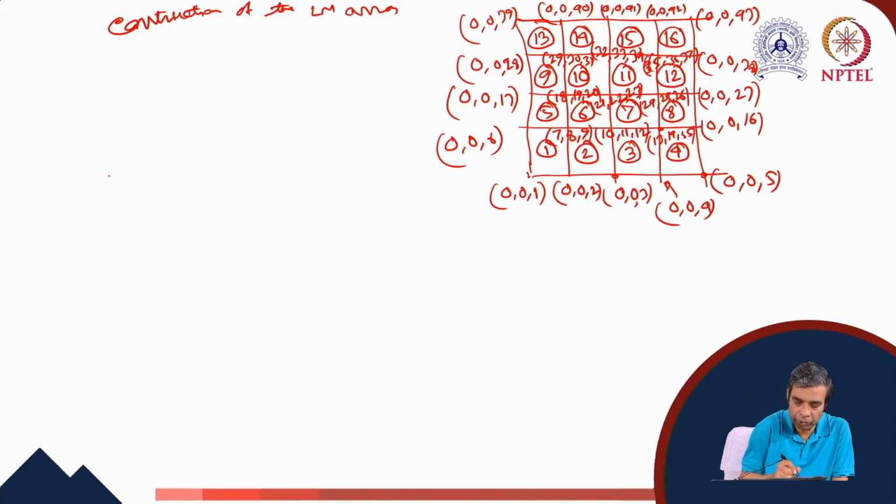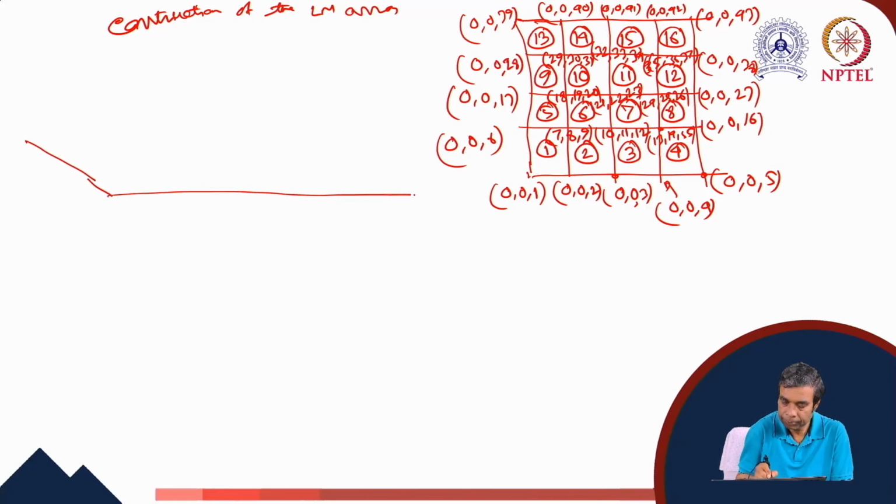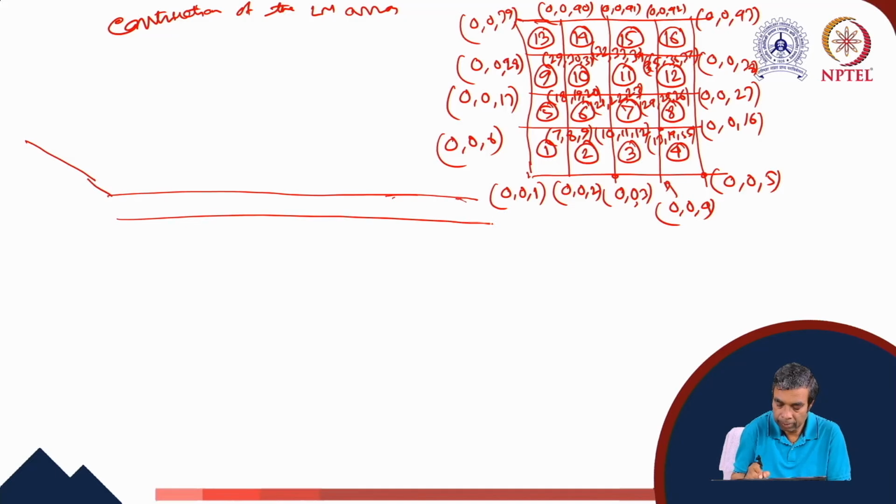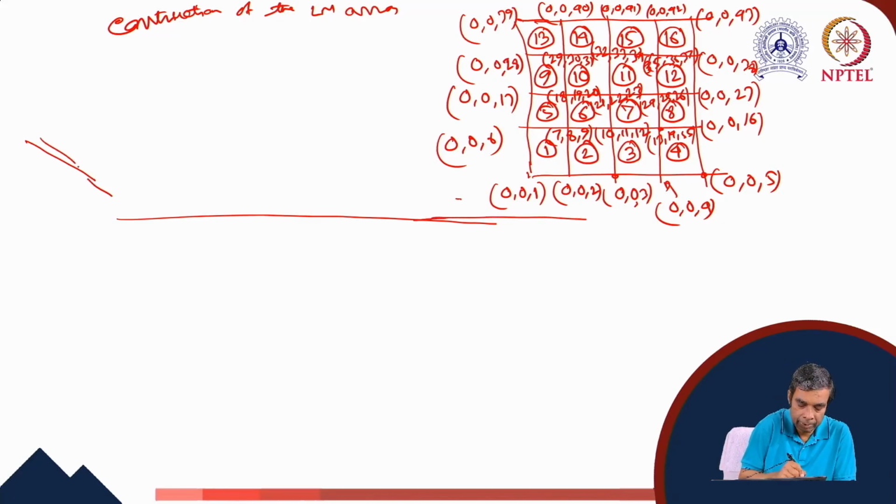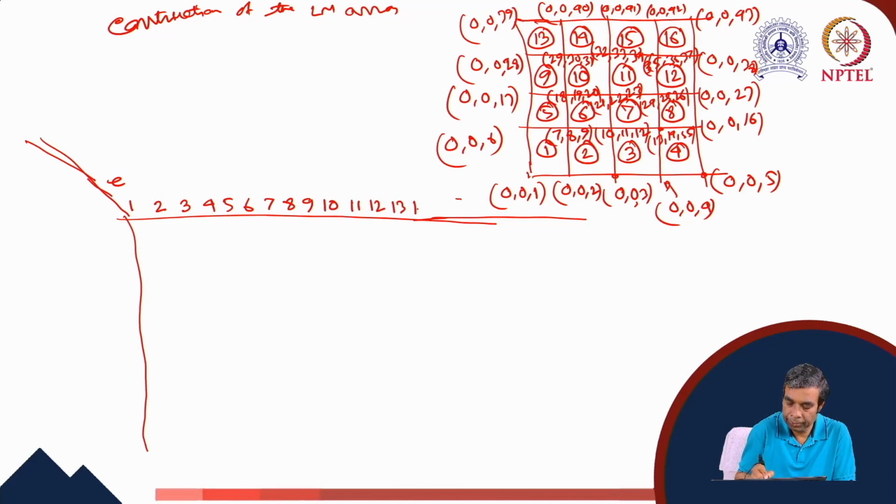So now we construct the LM array. We have 16 elements, so for the 16 elements, E is varying from 1, 2, 3, 4, 5, 6, 7, 8, 9, 10, 11, 12, 13, 14, 15, 16.